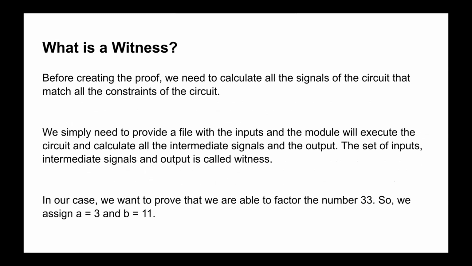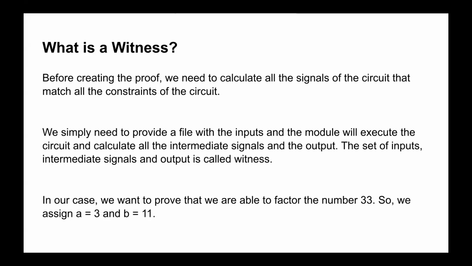It will calculate all the intermediate signals. We saw the examples: A times B, where the intermediate signal was D. It will also calculate the output. The set of inputs, intermediate signals, and the output are called witnesses, because they adhere to circuit satisfiability. That is what witnesses do, and that's their job.